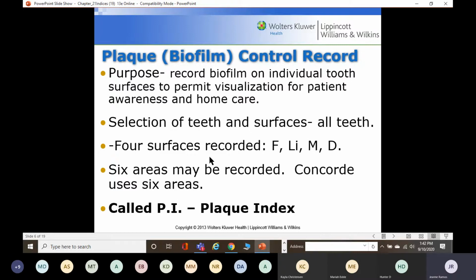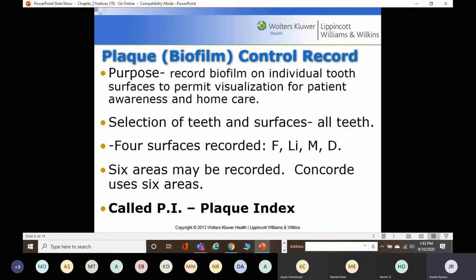Those are some of the criteria. So for plaque biofilm control, the purpose is to record biofilm on individual tooth surfaces, so our patient can see that and become aware of it and hopefully better their home care. For the selection of teeth and surfaces, we want to do all teeth. There's 4 surfaces recorded, as you saw yesterday: the facial, the lingual, the mesial, and the distal. 6 areas may be recorded.